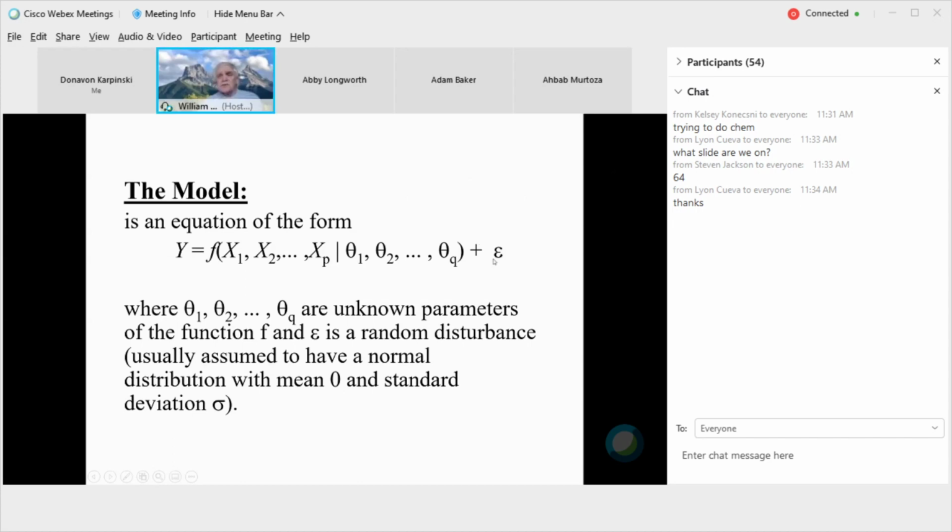The epsilon terms are to model the fact that y won't be perfectly related to f1, f2 up to fp. So there's usually some error. That'll be epsilon. It's assumed to have a normal distribution, mean zero, standard deviation sigma.